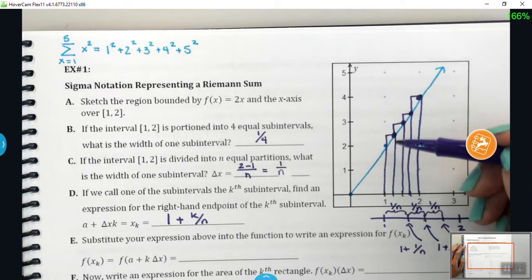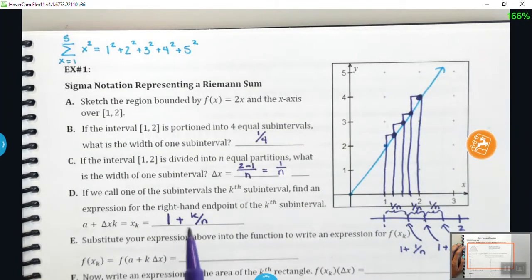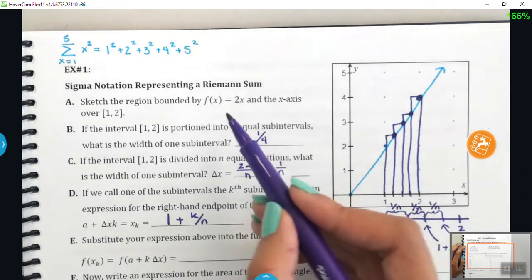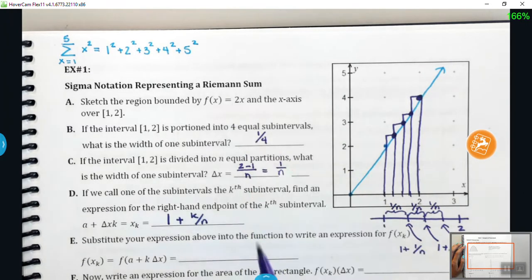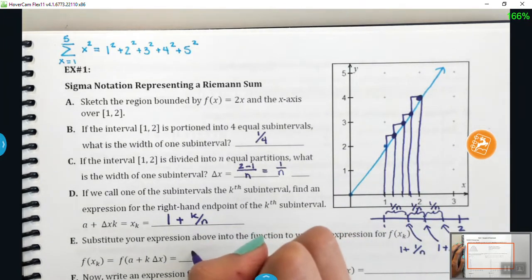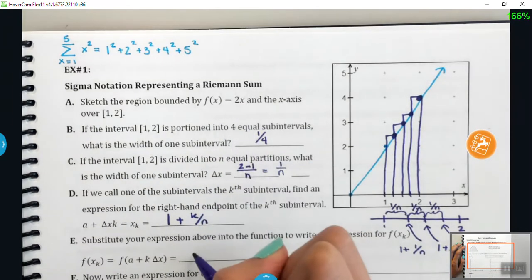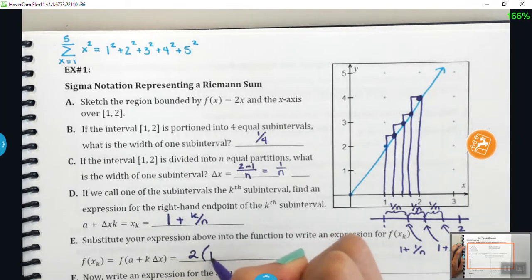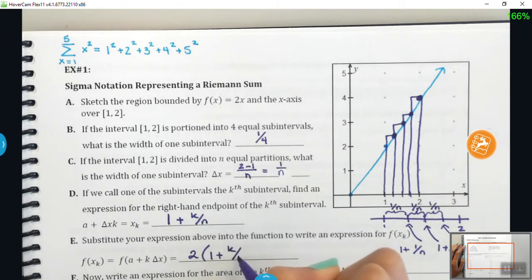All these points come from 2x. So what I do is I plug in this subinterval, my x location, into my f of x equation, and I can get what my height is for each of those. So it would be, the function is 2x, so I would do 2 and plug in 1 plus k over n. So there's now my heights for each one, right?